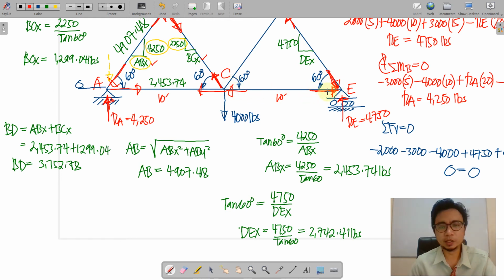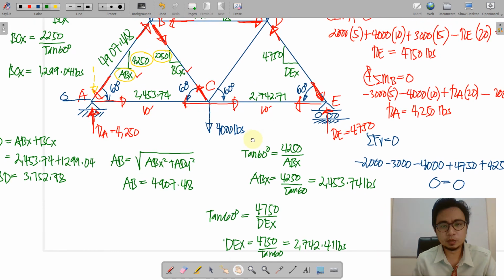That is compression, so actually it's against the direction of DEX. That should be leftwards, so we will change that and place the value. Then we have a balanced force on the x and y axis along joint E.